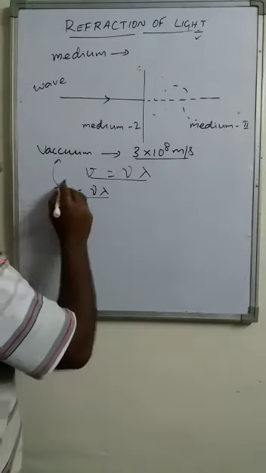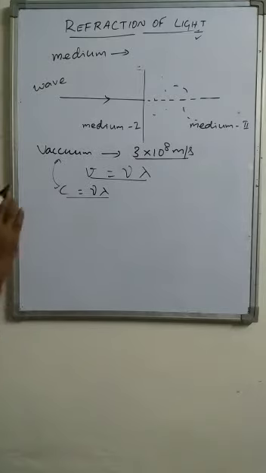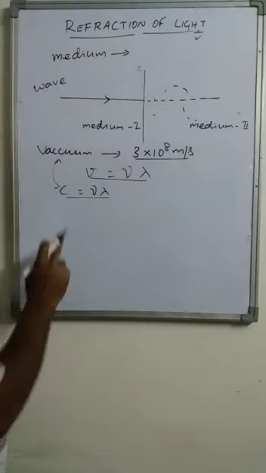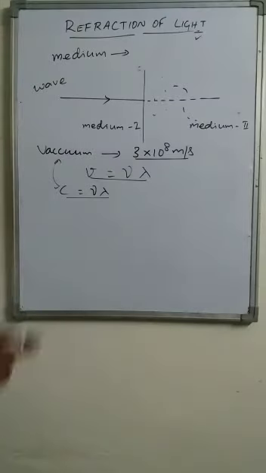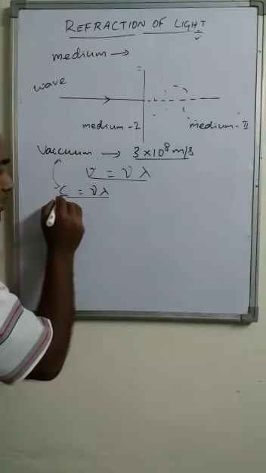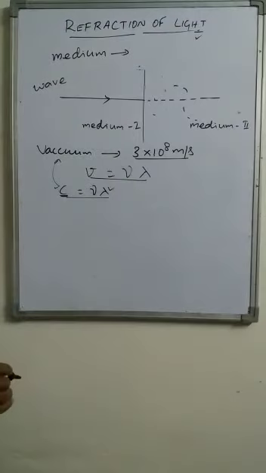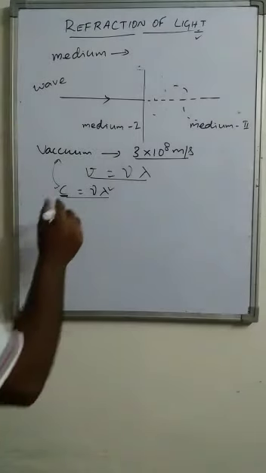Here, if the light enters from one medium into another medium, its velocity changes. And what else changes? Along with the velocity of light, the wavelength of light also changes. Then what about frequency?